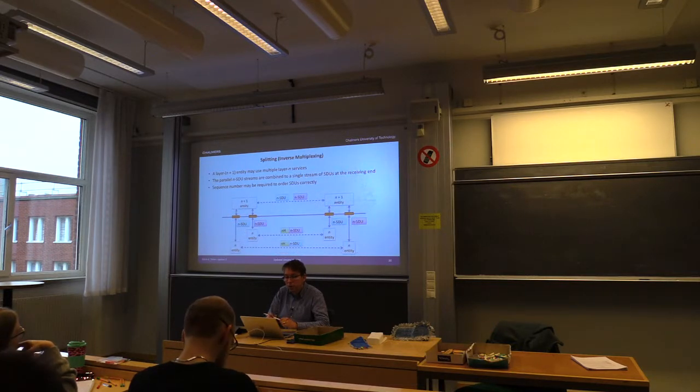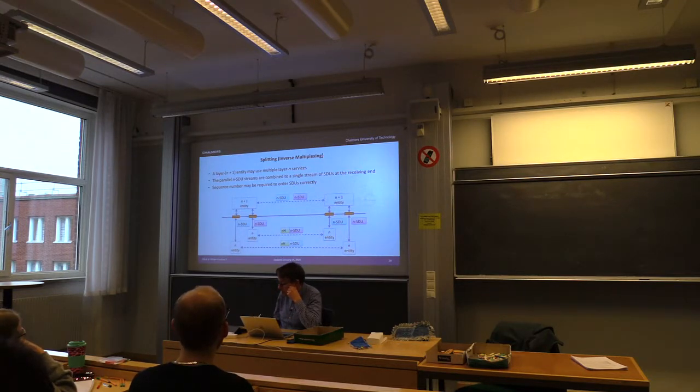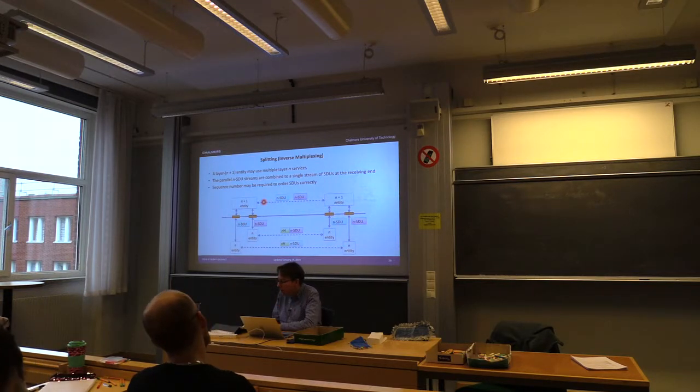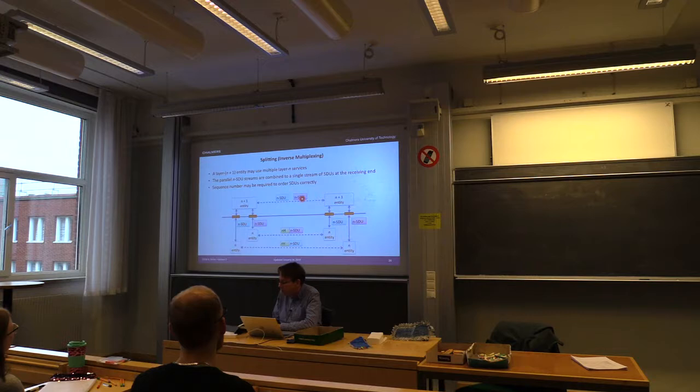Splitting is the inverse of multiplexing. A layer n plus one entity may use multiple layer n services. So an entity here which needs to transmit service data needs to establish this logical connection with the blue payload and the purple payload.